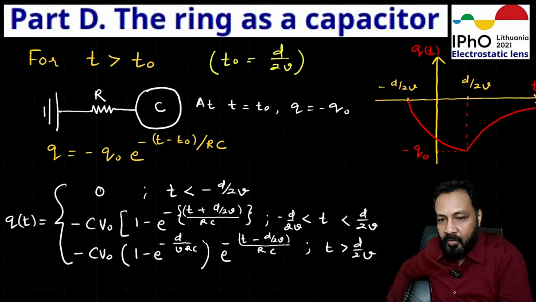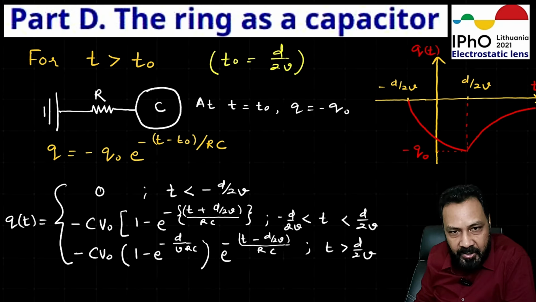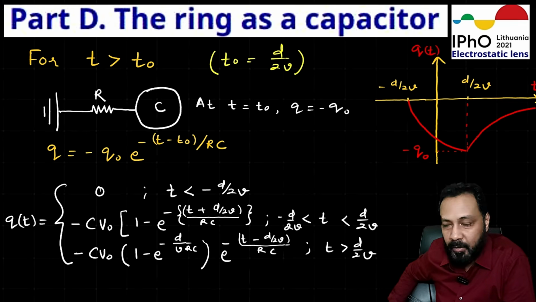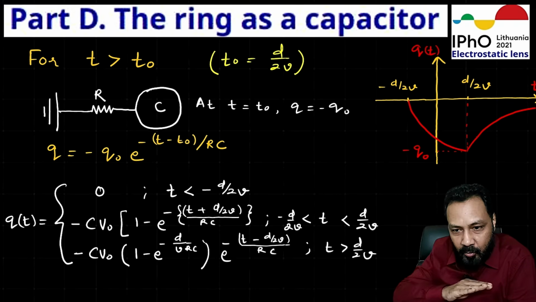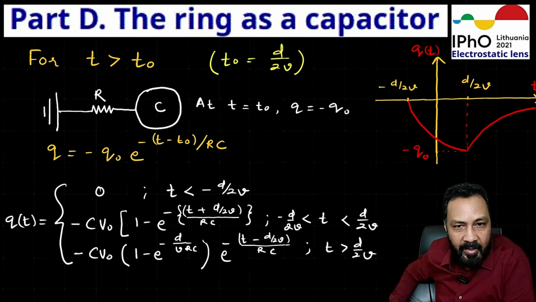So basically just after discharging starts, the charge will come to 0 very soon. Theoretically it will take infinite time, but practically it will very soon become discharged, because the time constant is given very small. So for the sake of simplicity, we can say that during the whole discharging time, the electron is moving parallel to the z axis. Why am I saying that?